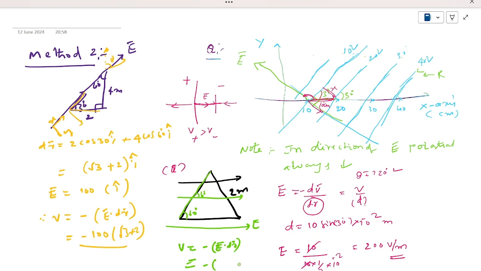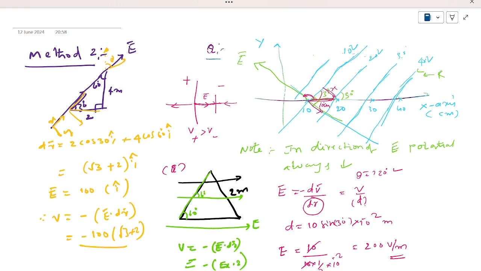Only along this direction I will consider, that is Ex into 2, where Ex is E cos 60. E value is given, so that is E cos 60 into 2 meters, right? So V is equal to E cos 60 into 2. When values are given, you will get the answer, right?